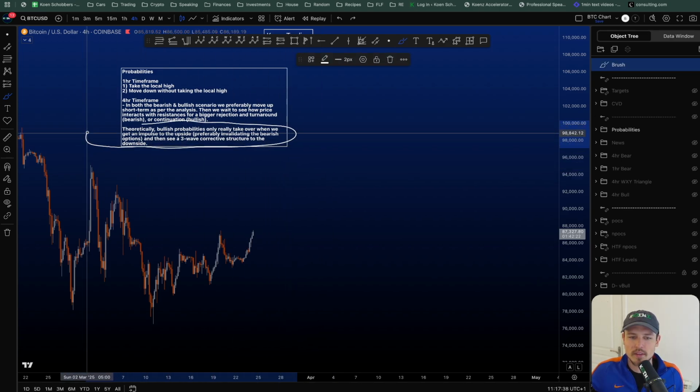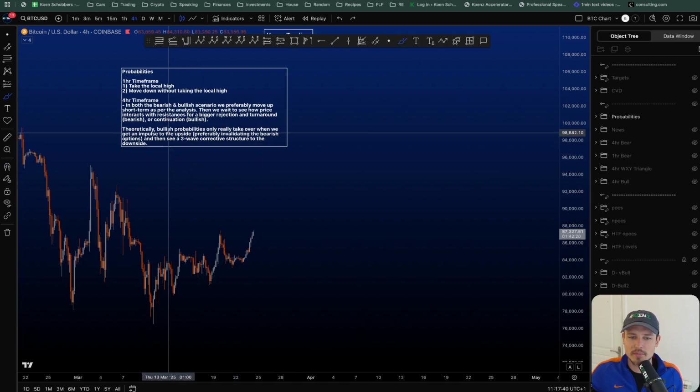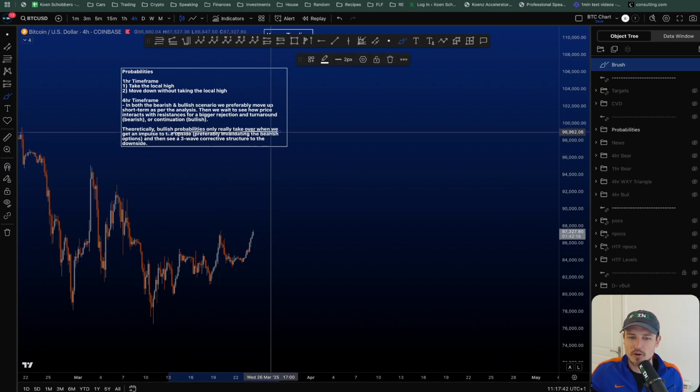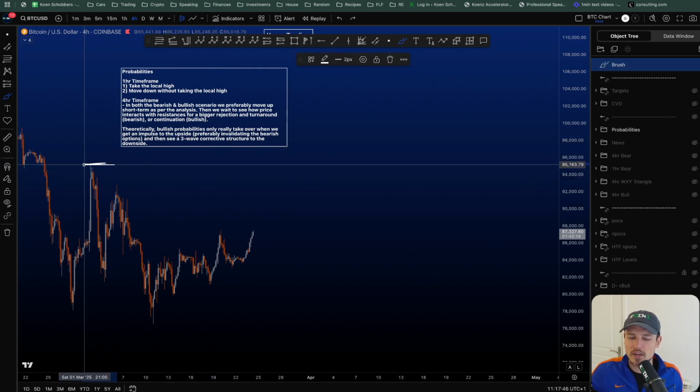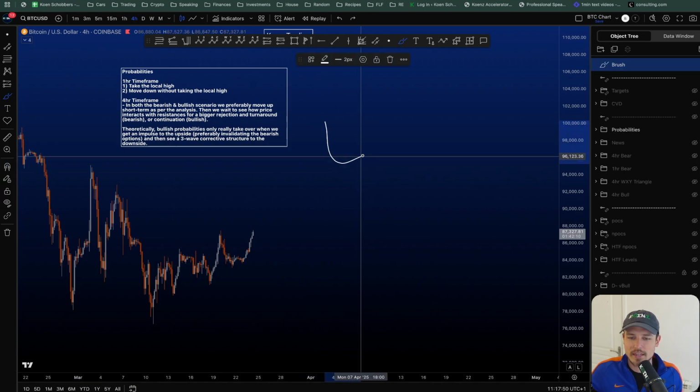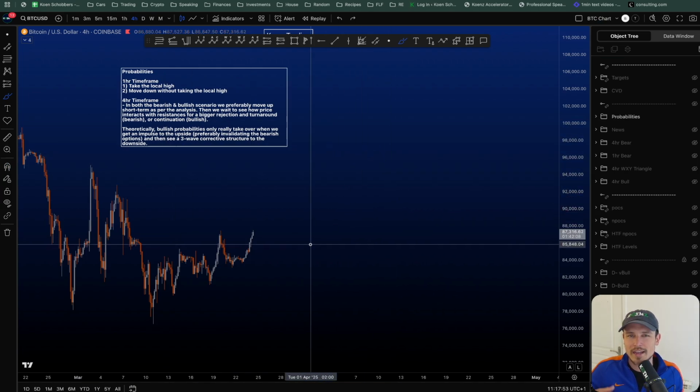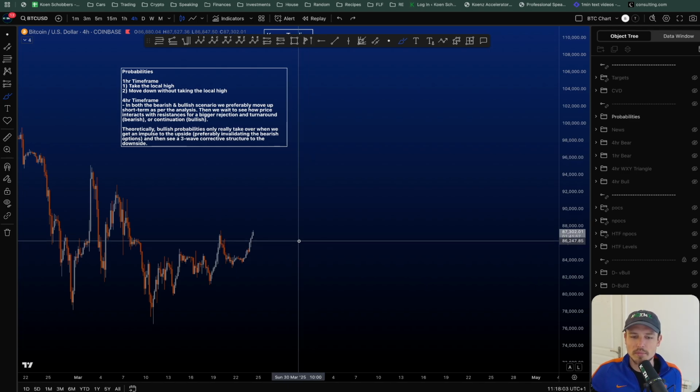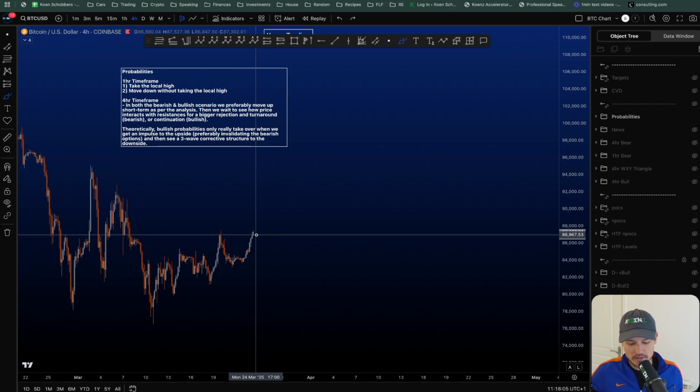Theoretically, however, if we really go into probabilities, the bullish probabilities only really take over when we get an impulse to the upside, preferably taking out this high to invalidate the bearish triangle as well as the diagonal, and then see a 3-wave corrective move down. As long as we don't see a strong push to the upside in a wave 3 followed by 4-5s, preferably invalidating the triangle, arguably your bearish probabilities are higher than the bullish probabilities, but we take it level by level, see what we get.